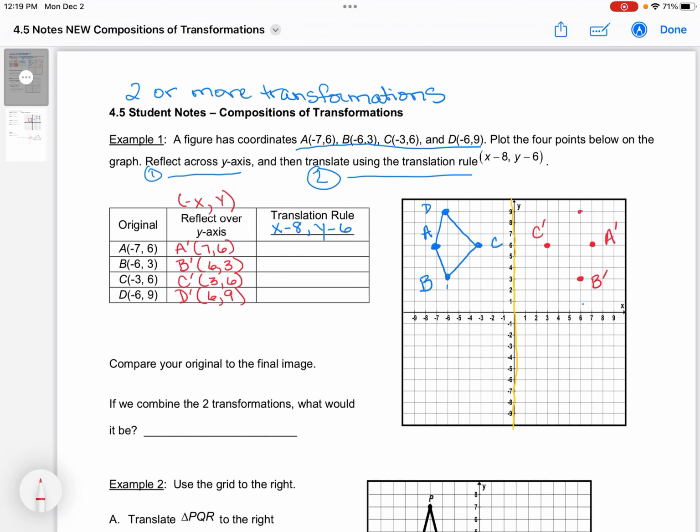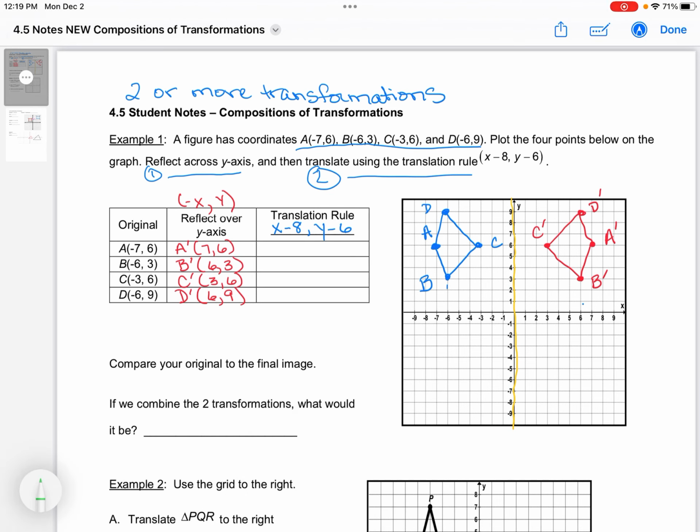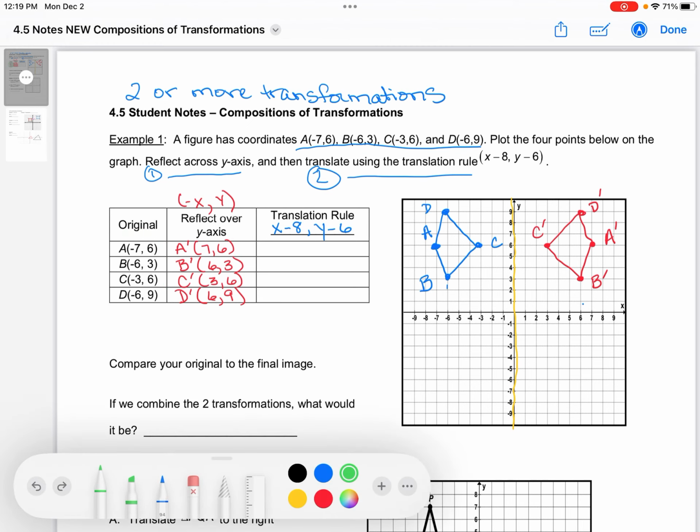Okay, and then 6, 9 is up there. So there it is, reflected. Then I'm going to translate. So remember, I have to use these. Oh, no, I don't. Take that back.